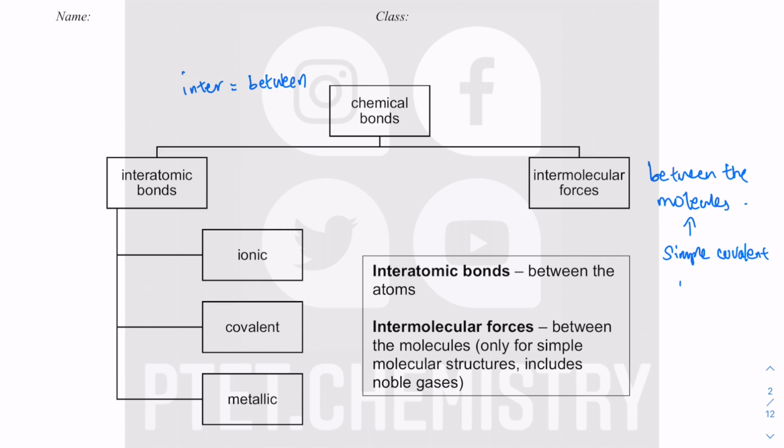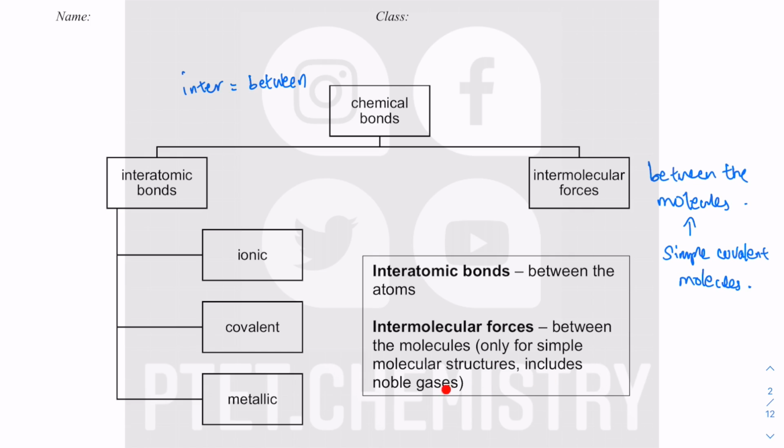This will make more sense as we use it more and more in the future. So as I mentioned here, intermolecular forces between the molecules exist only for simple molecular structure. Simple molecular structure is the same as simple covalent. The molecules that have simple molecular structures are what we call simple covalent molecules.